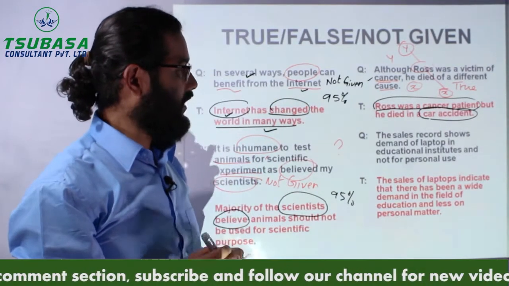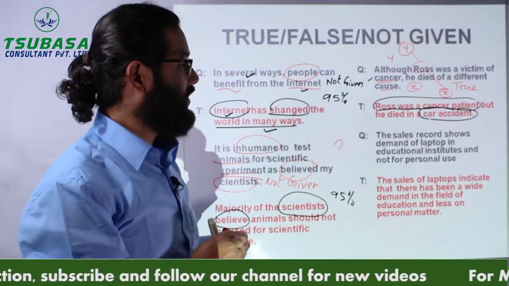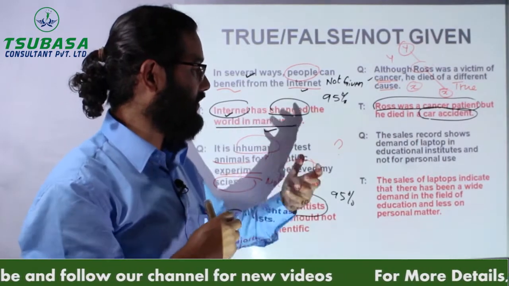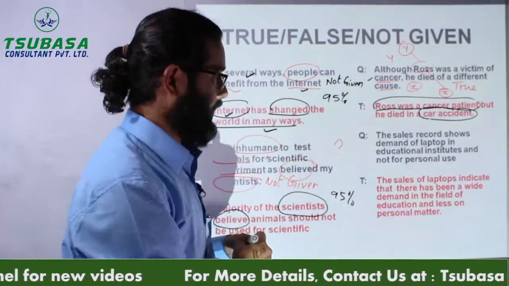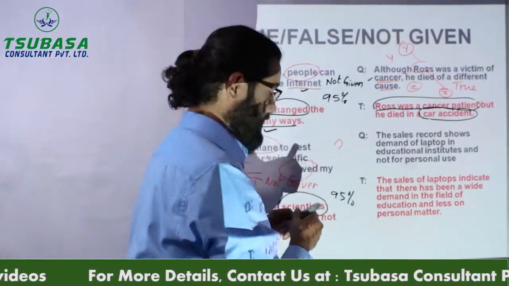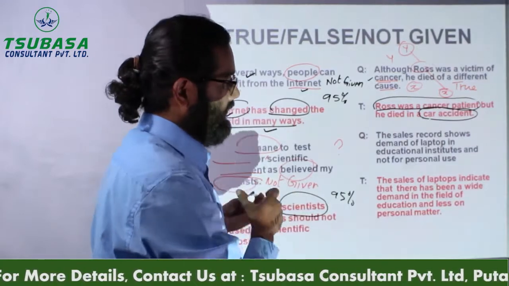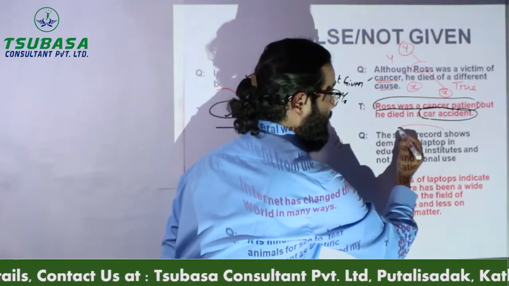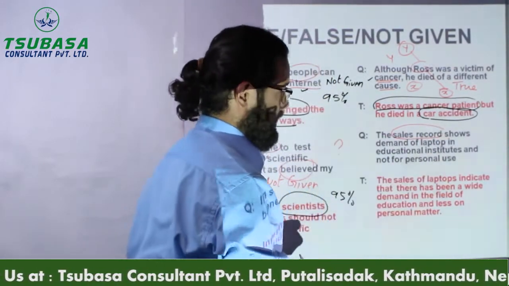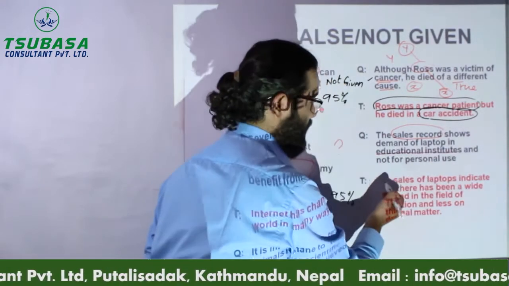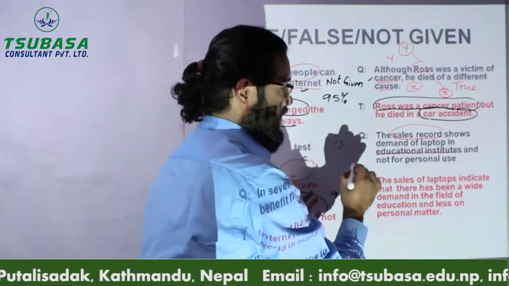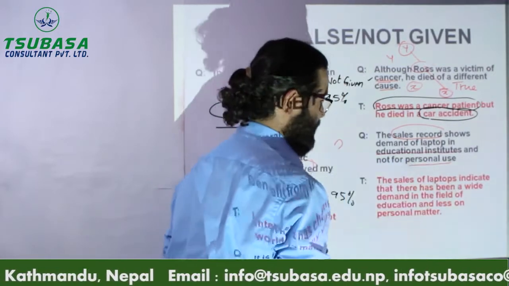The sales record shows demand of laptops in educational institutes and not for personal use. Now, what does this mean? This sales record said something. What did it say? That the demand was in educational institutes and not personal use.